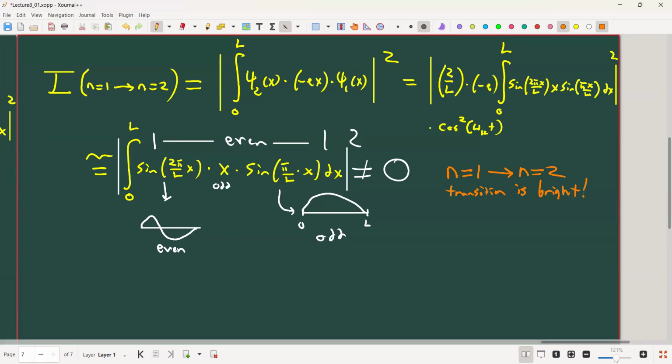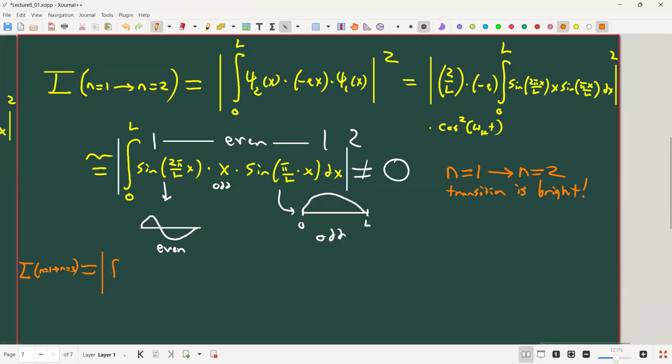Well, what about n equals 1 to n equals 3? The intensity of n equals 1 to n equals 3 is equal to the square of the integral from 0 to L of psi 3 of x times E x times psi 1 of x dx.